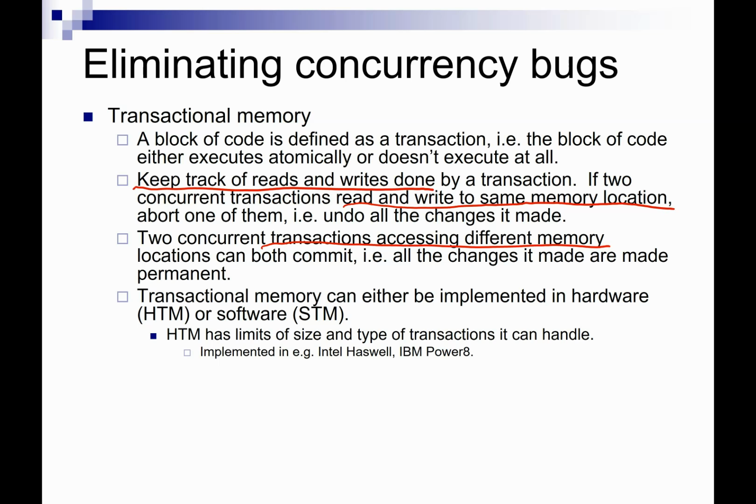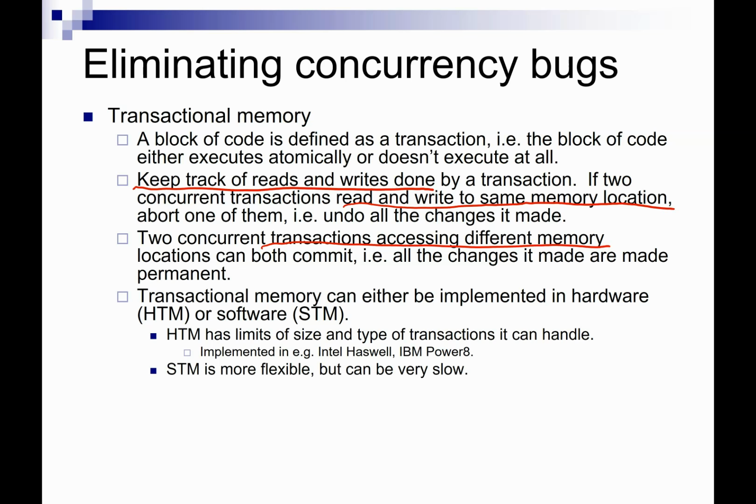Therefore, hardware transactional memory has a limit on the size of the transaction that it can handle. Maybe it can handle transactions with a few hundred expressions, but not more than that. There are also limits on the types of transactions it can handle. However, because it's being done in hardware, it's usually quite fast. So you get good performance, but you can't handle all types of transactions.